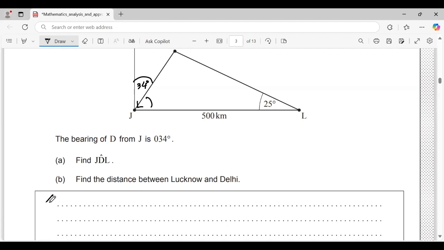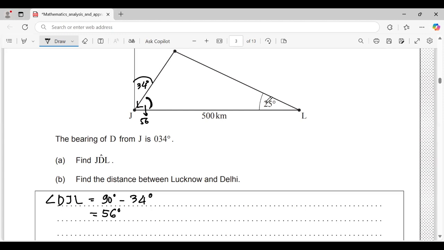So angle DJL equals 90 degrees minus 34, and it is 56 degrees. Right? So this is 56.